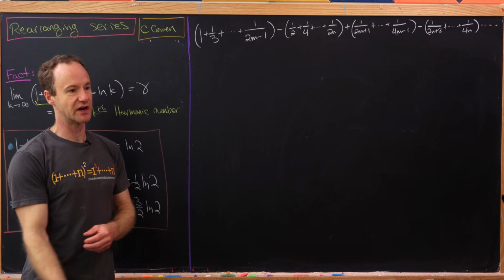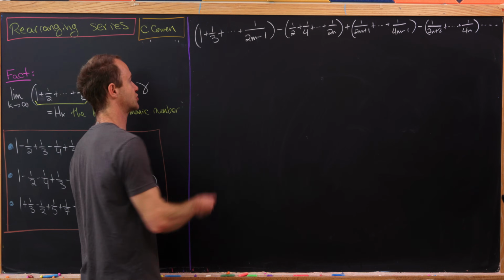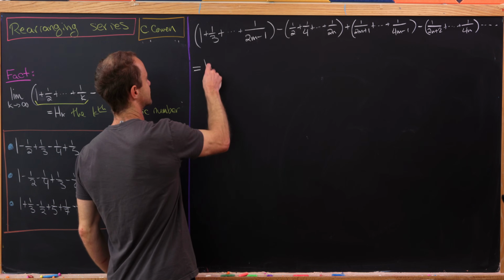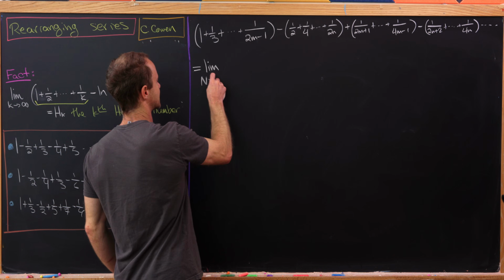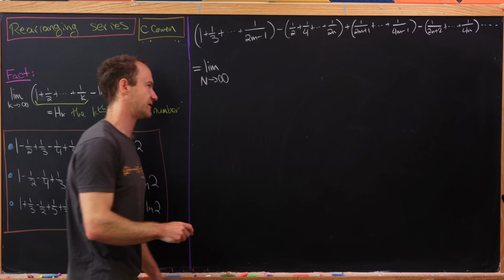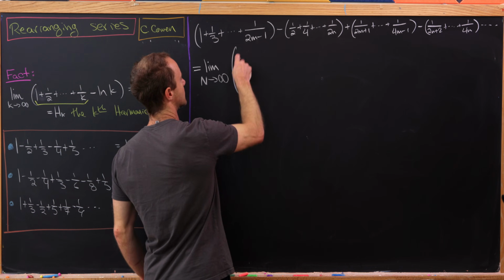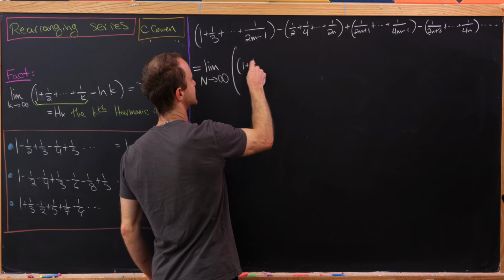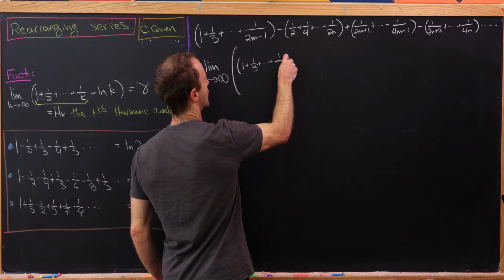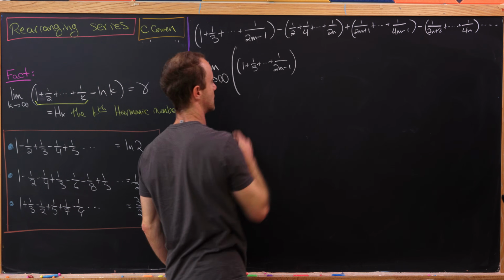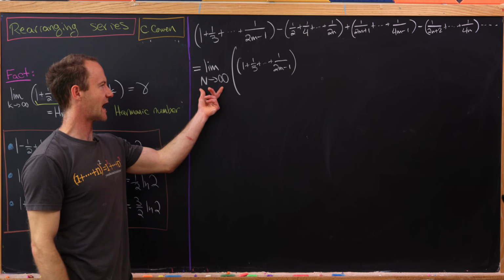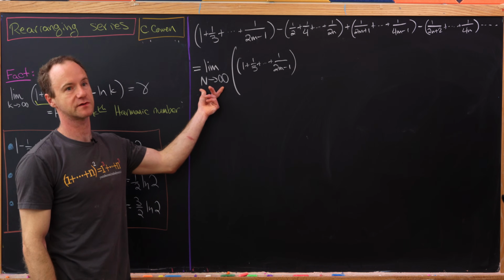So our strategy here will be to write this as a limit of partial sums. So let's write this as the limit as capital N goes to infinity of, well, let's maybe start this thing out. So we'll have 1 plus a third all the way up to 1 over 2m minus 1. And then we want to step back and ask what capital N counts.